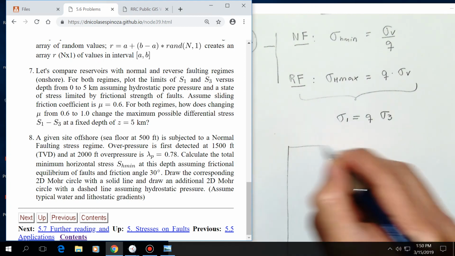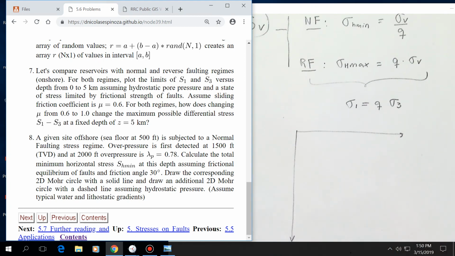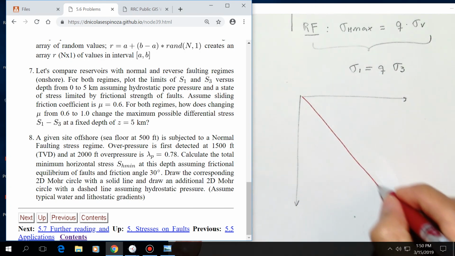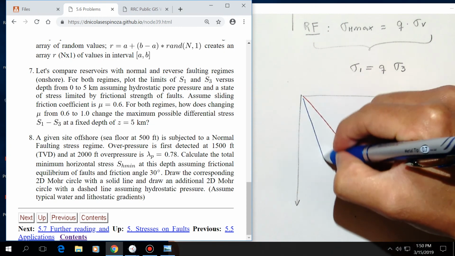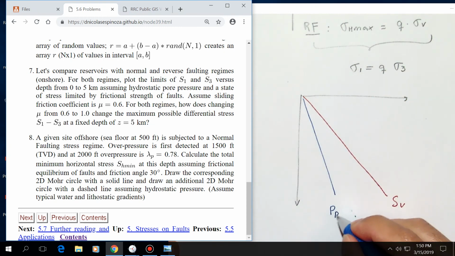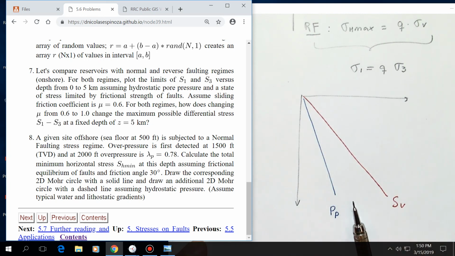Basically, if, just give me one more sec, guys. If this is SV and this one is your pore pressure. If you are in normal faulting, your Sh min is going to be somewhere over here. If you are in reverse faulting, your sigma H max is going to be 3 times this distance, so somewhere over here.